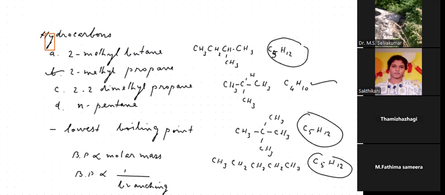Here no branching at all, here only one branching, but in this compound, two branchings are there. Therefore, two things we have to compare: number one is the molar mass, number two is the branching. When such problems are given, first draw the structural formula, see how many branchings are there, and also write the molecular formula to know the molar mass of the compound.